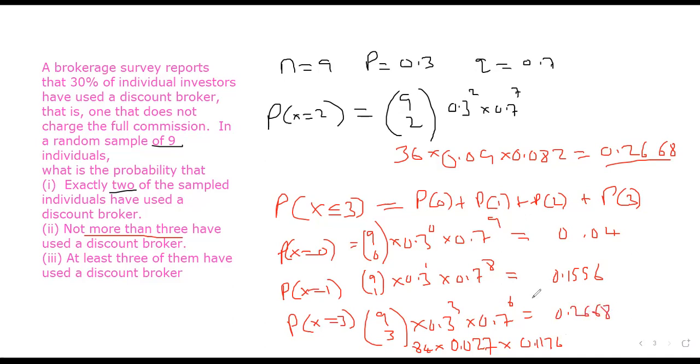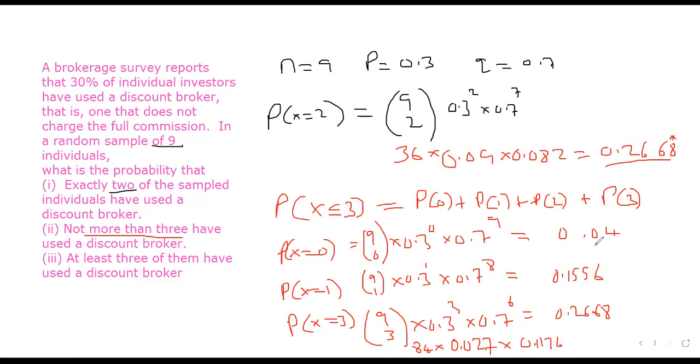The answer I get is 0.2668. Then we already found the probability of 2, which is this one here. So just add all of them: 0.04 plus 0.1556 plus 0.2668 plus 0.2668.